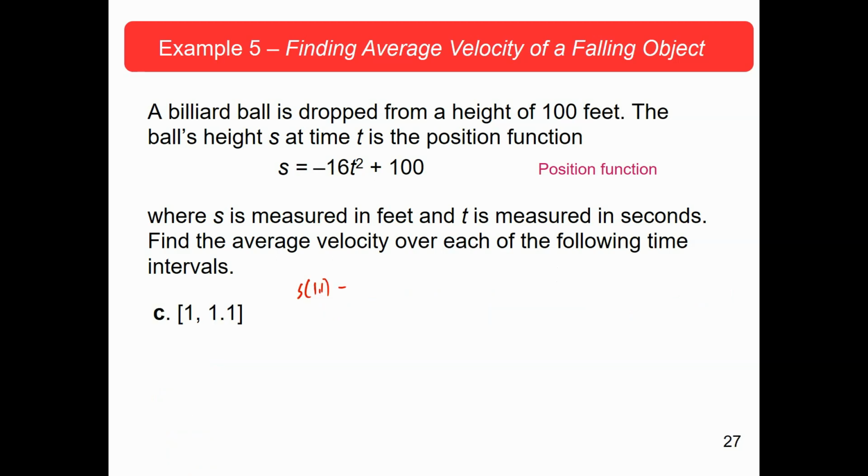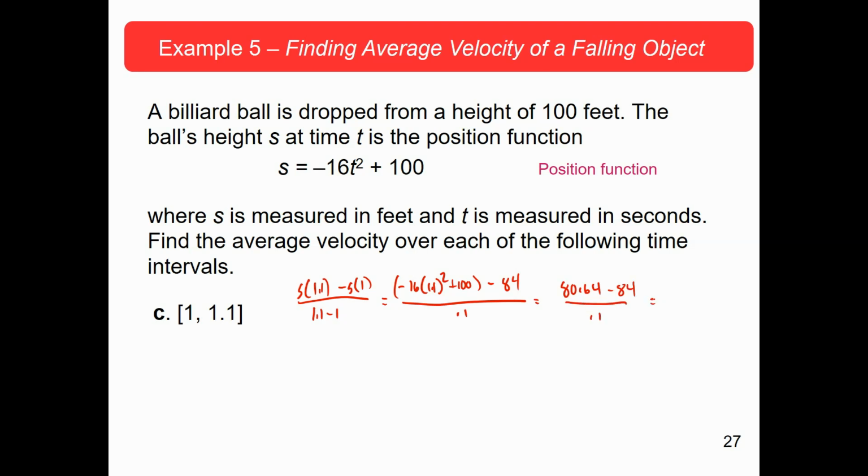So let's look at from 1 to 1.1. So once again, we're going to plug in this value, negative 16, 1.1 squared plus 100 minus S of 1, which was just 84, over 0.1. So negative 16 times 1.1 squared plus 100 is 80.64 minus 84 over 0.1.